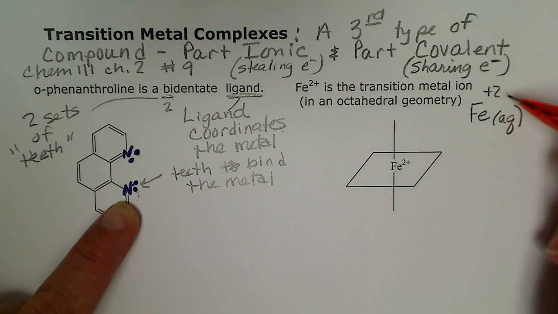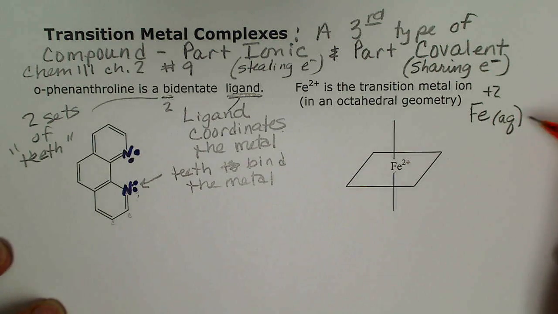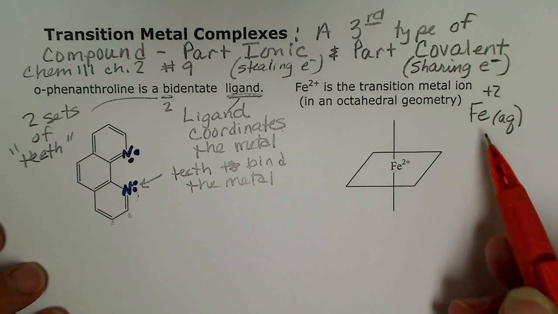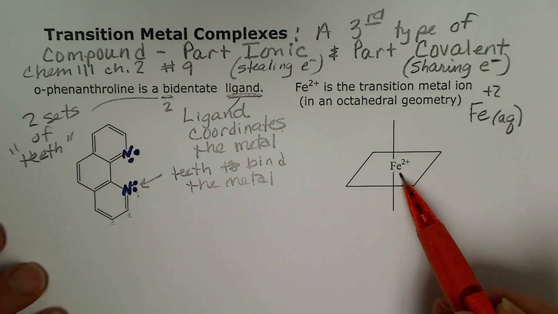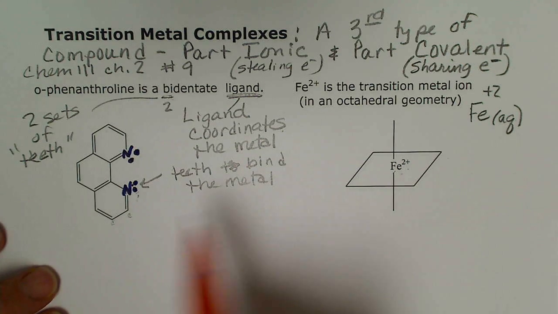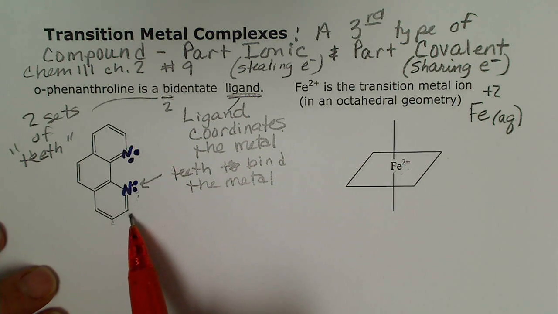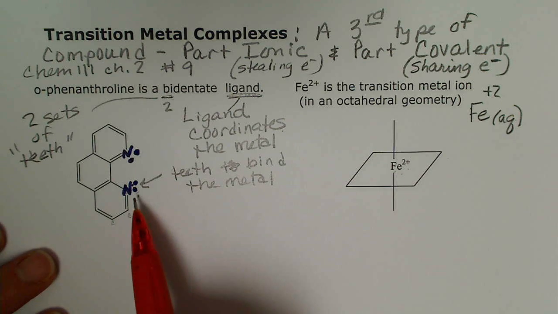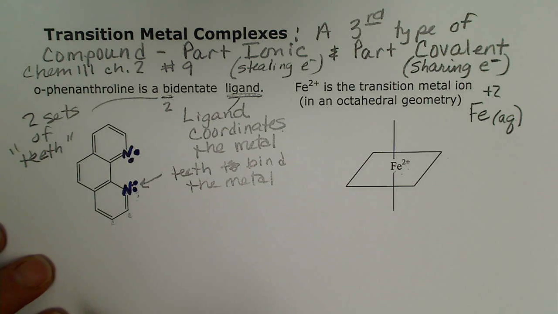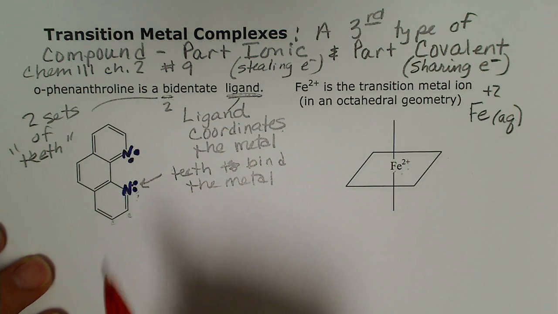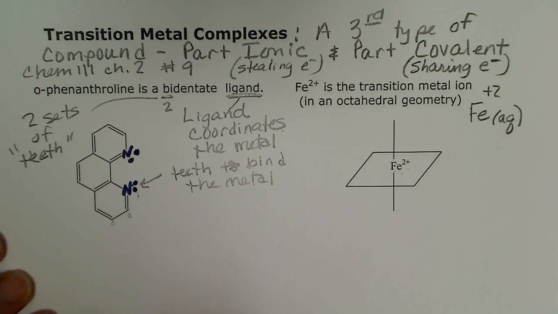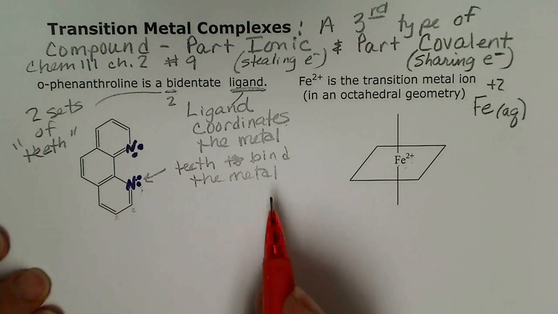So many iron 2 complexes are soluble. So in solution, a free metal cation might be coordinated by ligands if there are lone pairs on the ligand, or if the ligand is in fact a negative polyatomic ion.